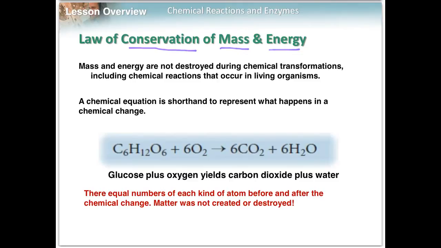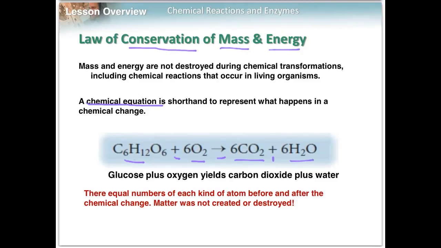Now, what we're looking at at this point is a chemical equation. A chemical equation is a shorthand way to look at what's going on in a chemical change. So we would read this particular chemical equation as glucose plus oxygen yields carbon dioxide plus water.